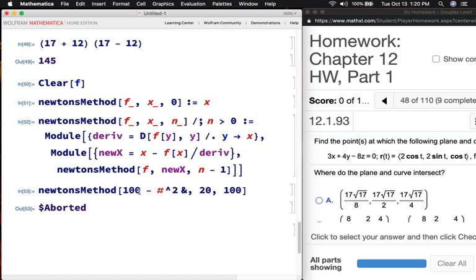Instead of using exact numbers, let me use floating point numbers, and let's see if this works. Shift enter. Yeah, it does work. So the problem is that I was using exact numbers, and in fact, we could probably modify this function so that it will use floating point numbers automatically.